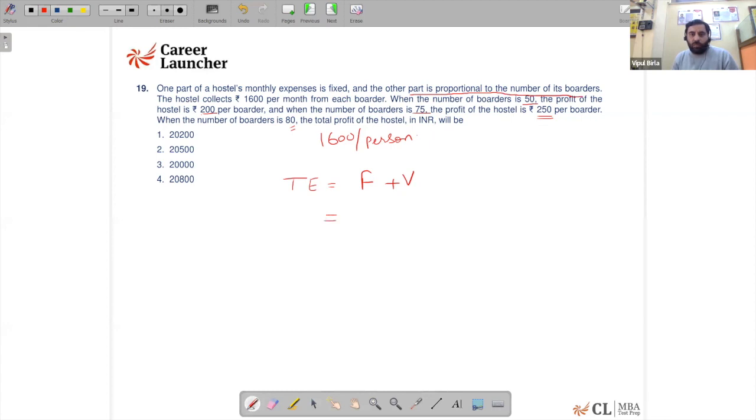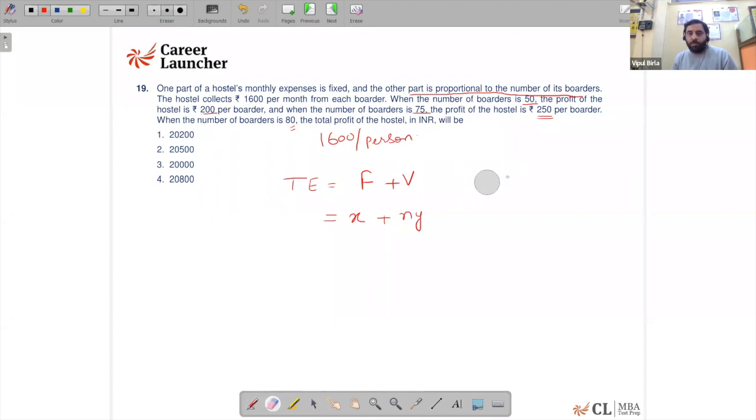So let's say fixed expense is equal to X and per person variable expense is Y. So therefore this variable expense will be N into Y, where Y is the variable expense per boarder.